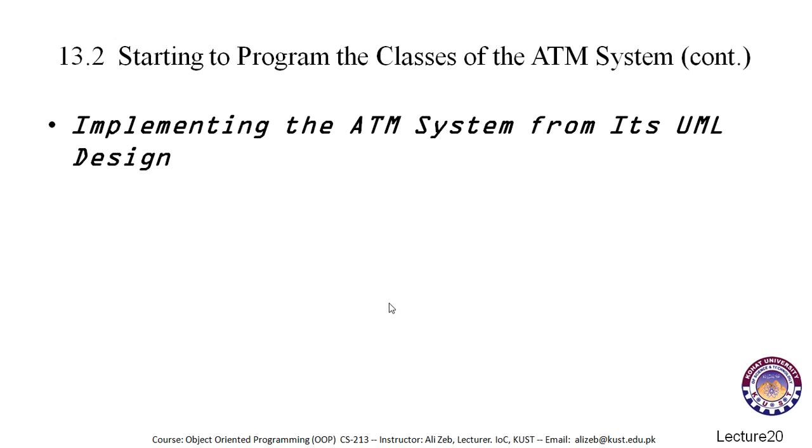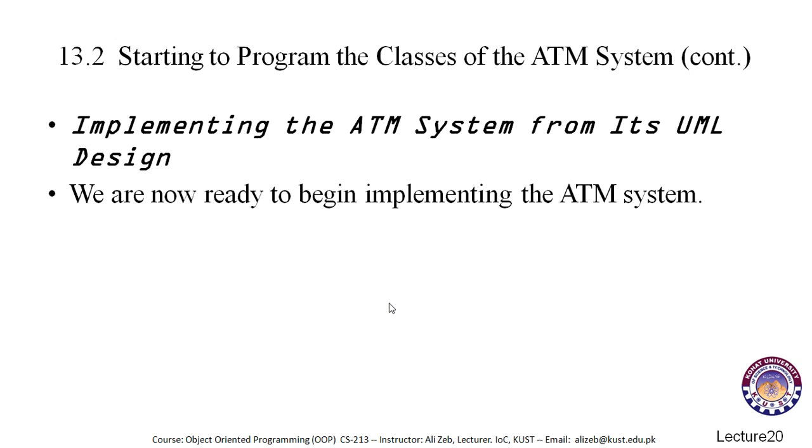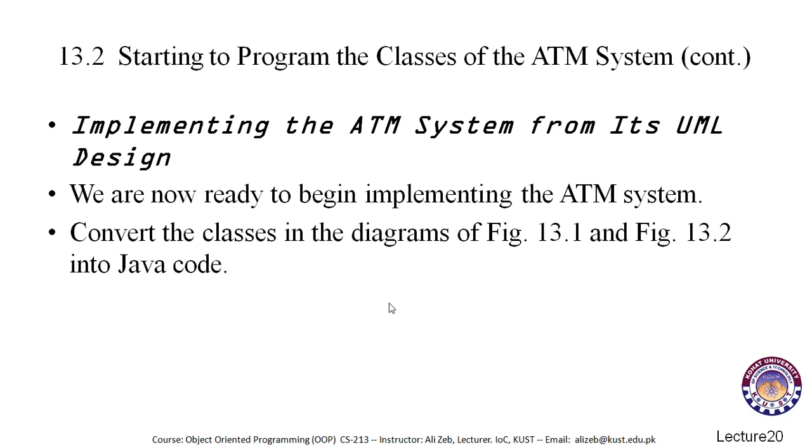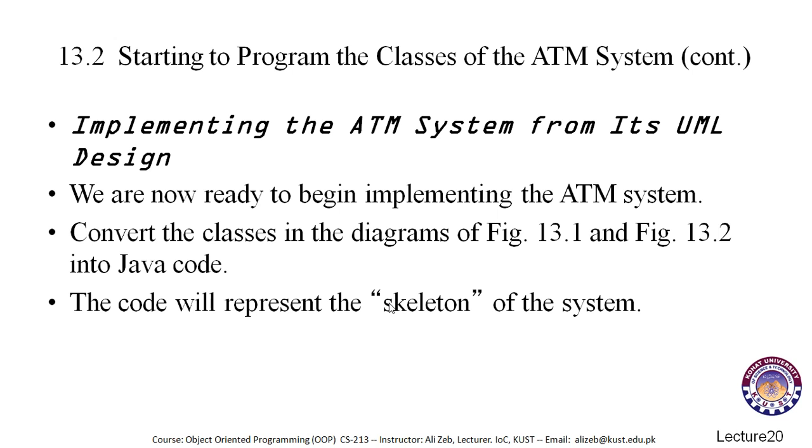Implementing the ATM system from its UML design, we are now ready to begin implementing the ATM system. Convert the classes in the diagrams of figures 13.1 and 13.2 into Java code. So in this next stage, we will be converting our diagrams into Java code.